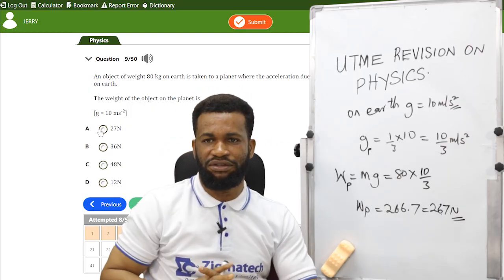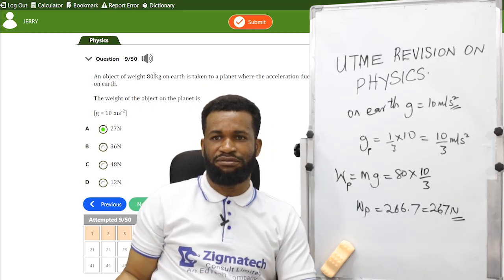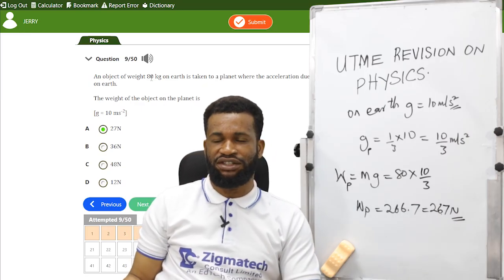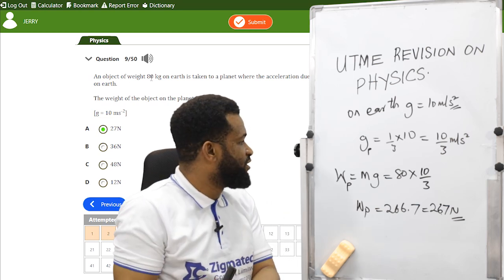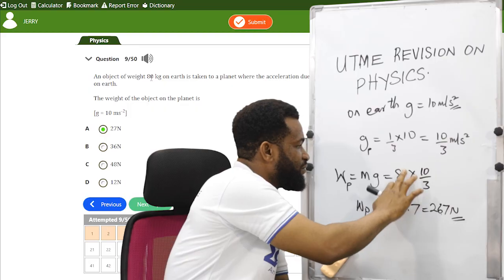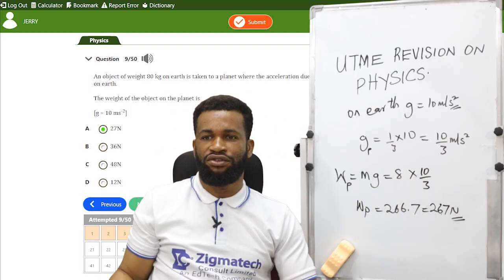So that is going to be the value, and I'm using option A as that because this mass is supposed to be 80. If it's supposed to be 8, so if I use 8 instead of 80, then I will have that option as option A. So moving on.